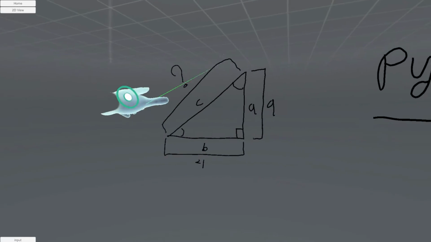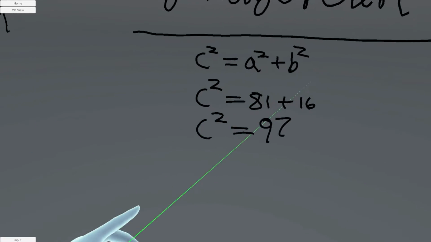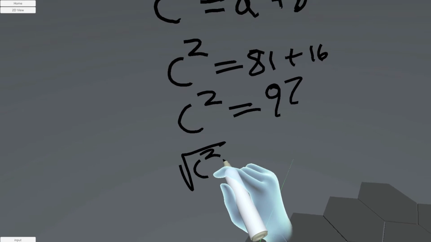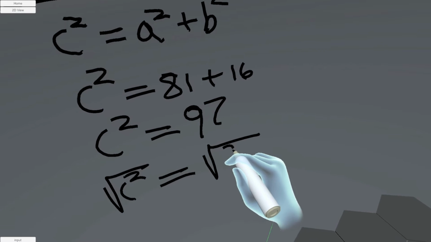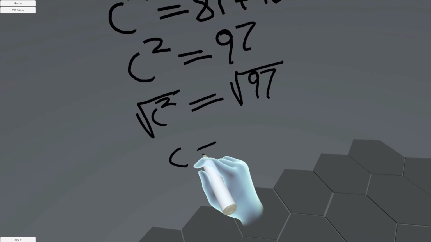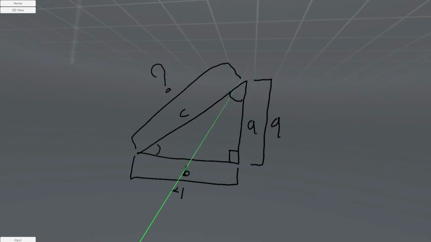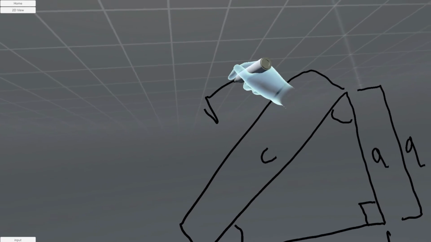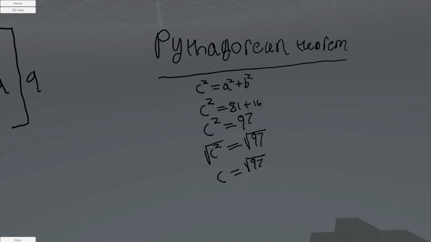Okay, well, that's the length of the hypotenuse, the square of that. So we're going to have to take the square root of both sides. The square root of c squared is equal to the square root of 97. So c is equal to the square root of 97. So we know that we don't have this question mark anymore. We just have it as the square root of 97 is the length of here.